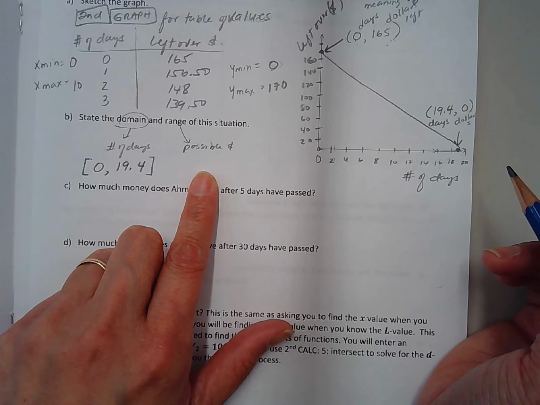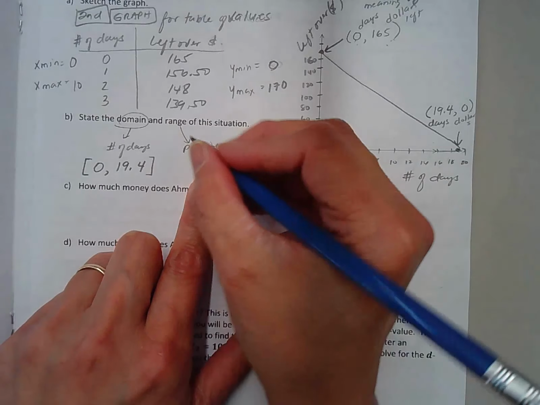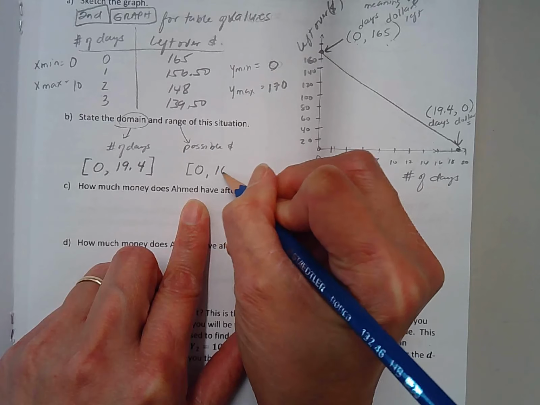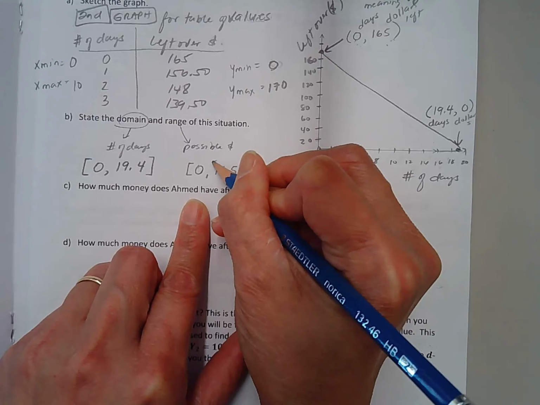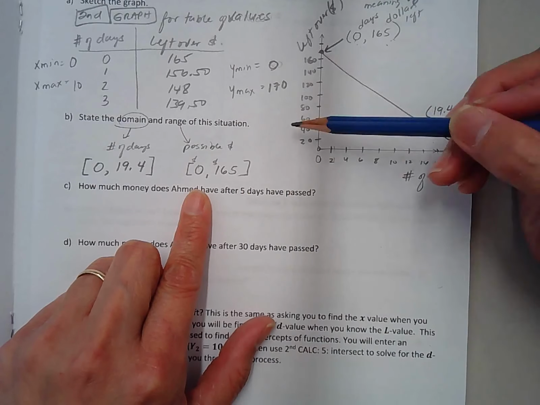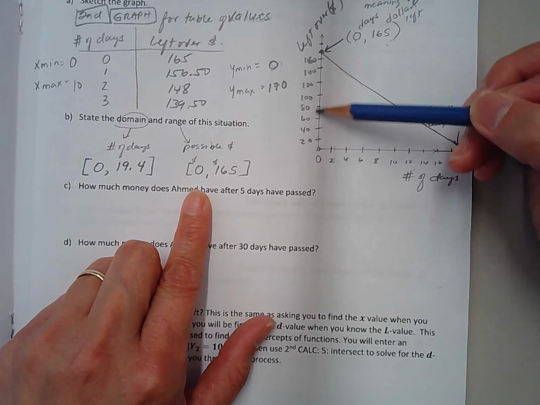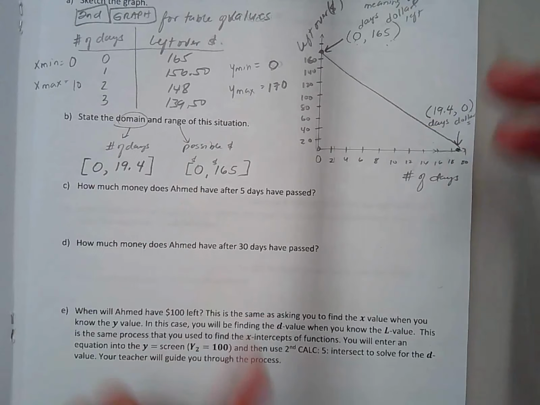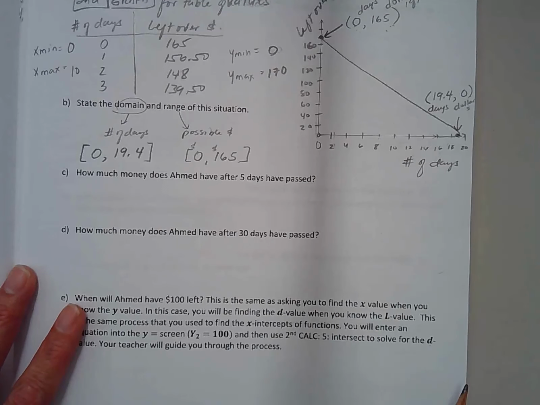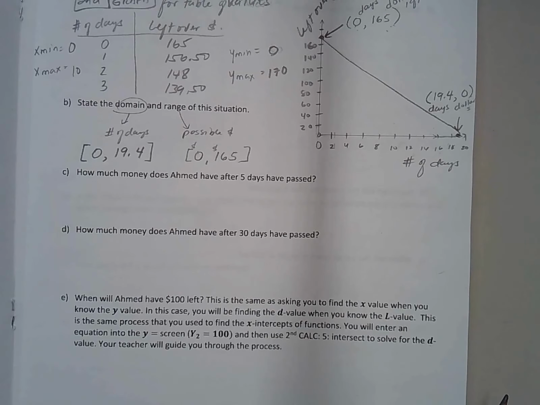And then the possible amount of dollars is going to be from 0 to $165. So this is from the possible y values. Is everybody okay with that one? Yeah.